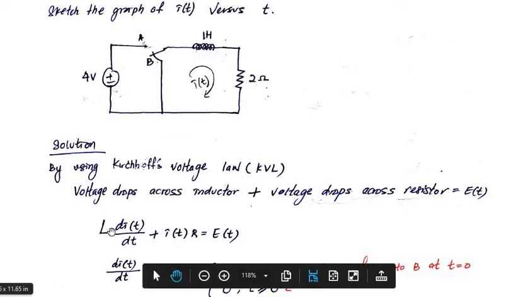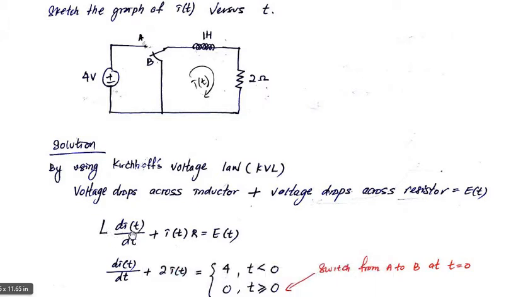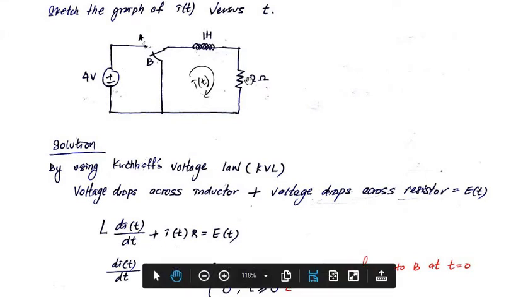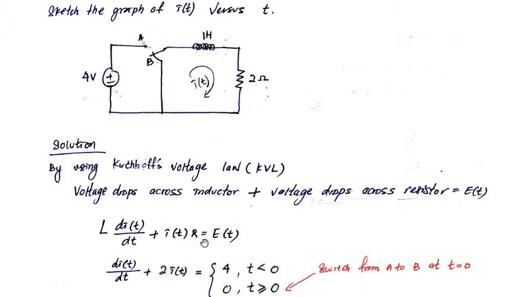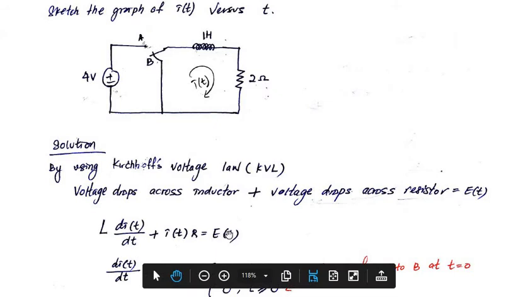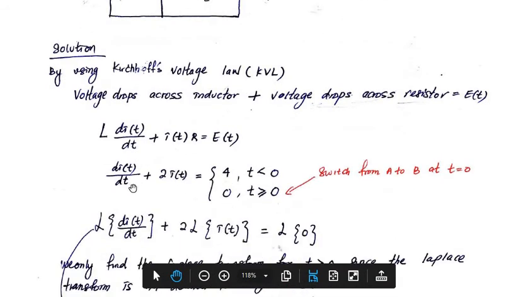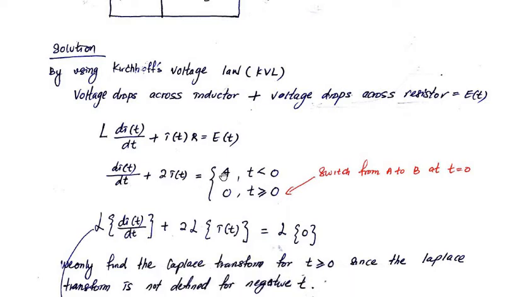The voltage across the inductor is L di/dt, plus the resistor R times i(t), equal to e(t), which is the source. So di/dt plus 2i(t) equals the source.